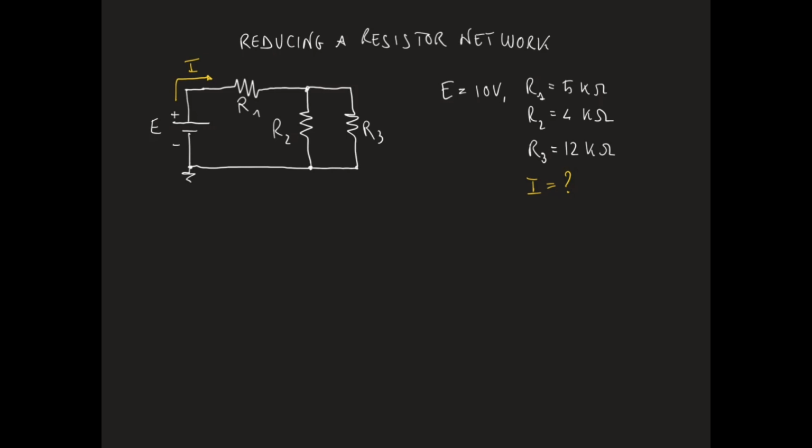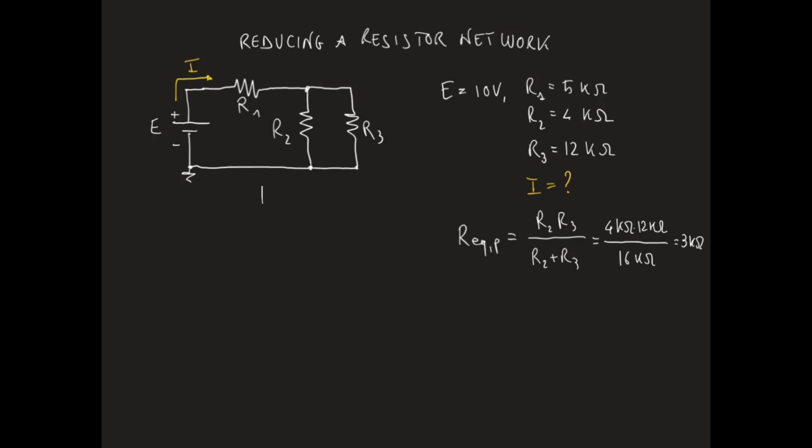In particular, the equivalent resistance REQP for the two resistors R2 and R3 in parallel will be given by R2 times R3 divided by R2 plus R3, which is 4 kilo ohm times 12 kilo divided by 16 kilo. And this is equal to 3 kilo.